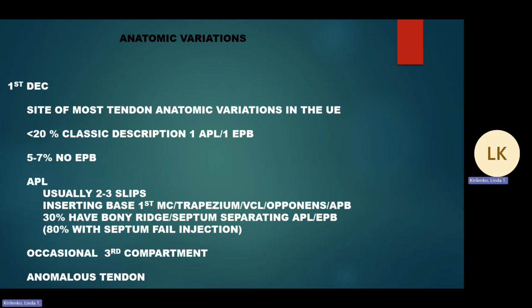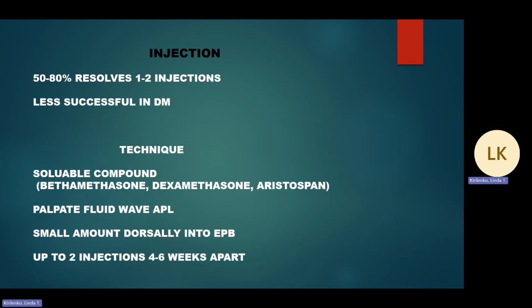There can be an occasional transverse third compartment, and there can be tendon abnormalities that can also produce the condition. 50 to 80% of patients resolve with 1 or 2 injections, less successful, as in triggering, with patients with comorbidities like diabetes, rheumatoid arthritis, hypothyroidism.